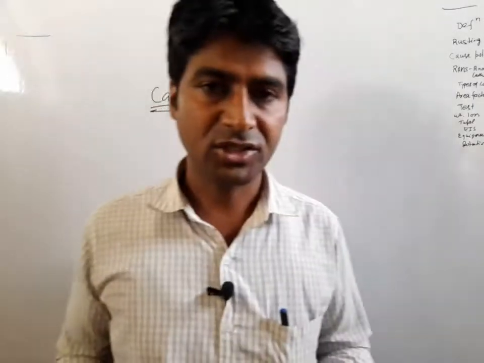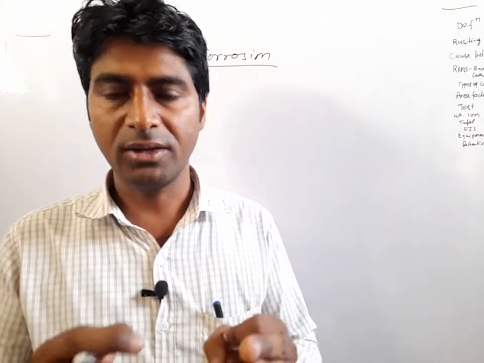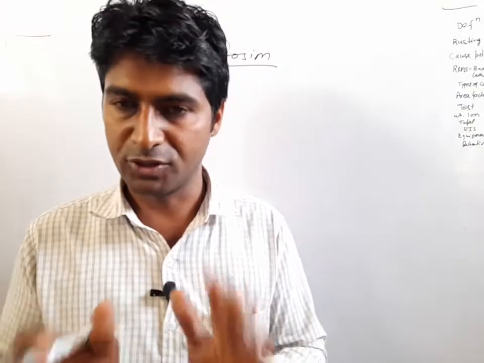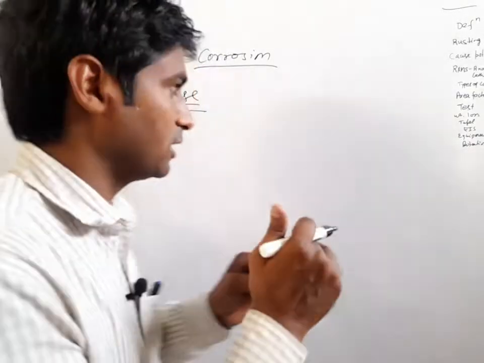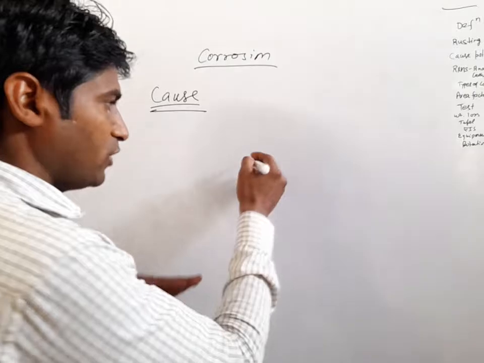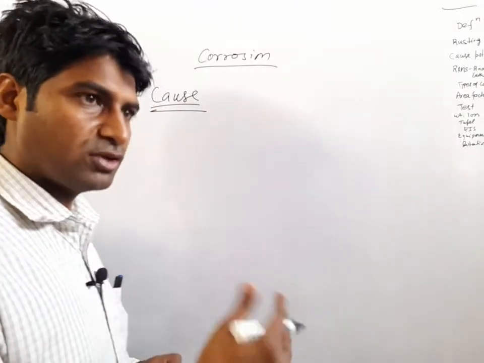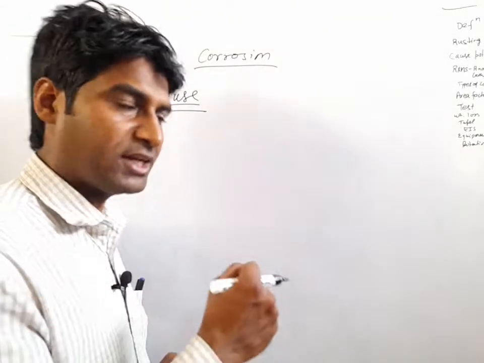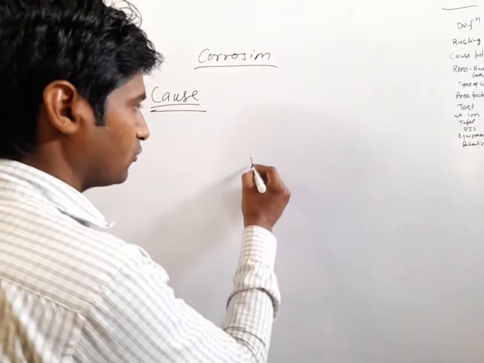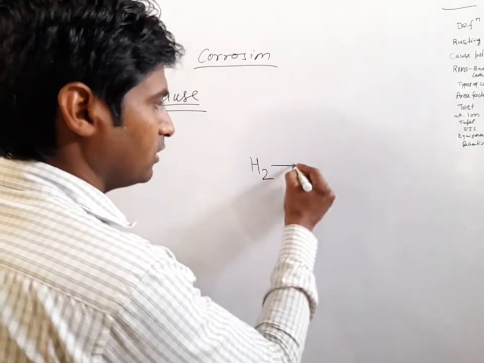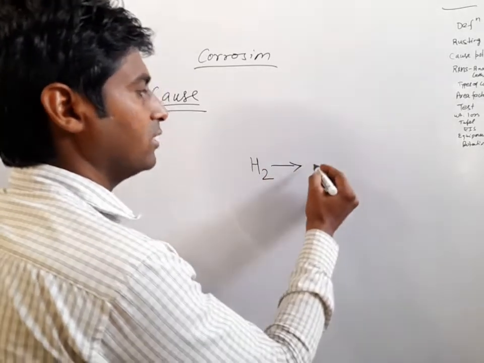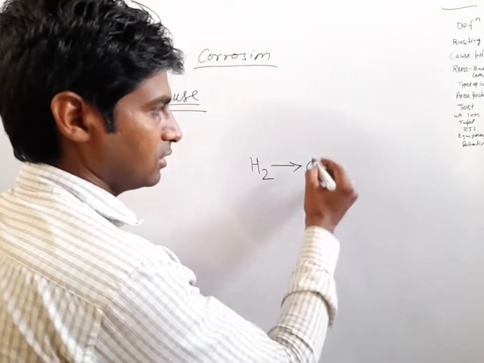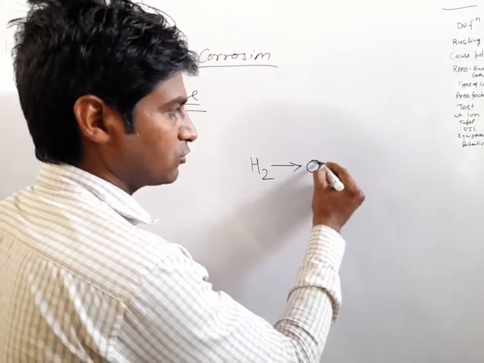In electrochemistry, we take the potential of the hydrogen electrode as zero potential. So we measure the potential of any material or metal with respect to the hydrogen electrode.